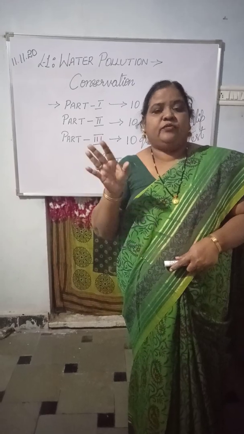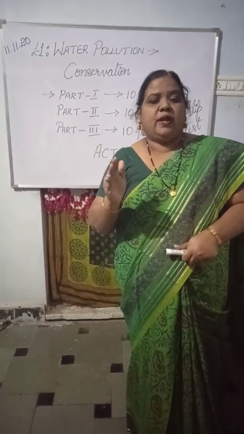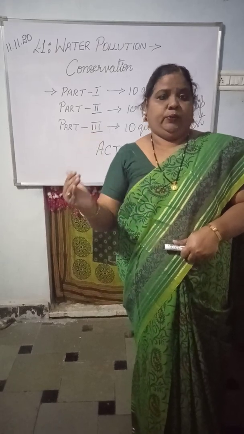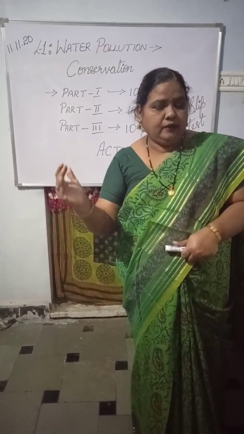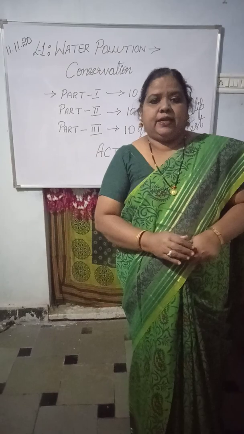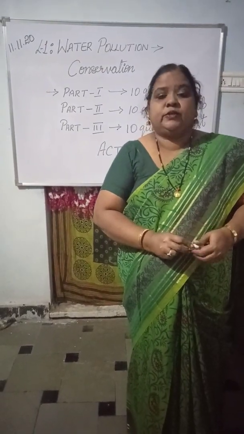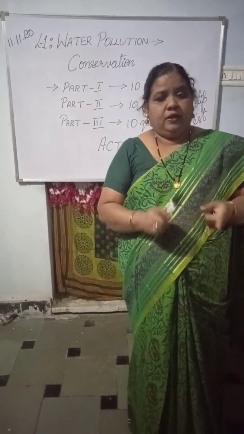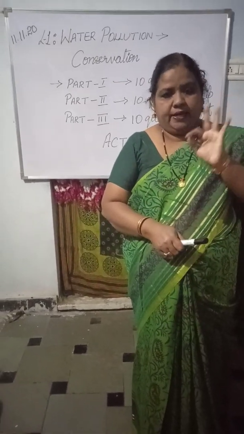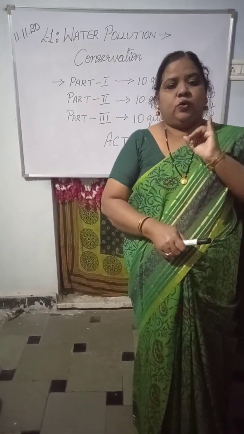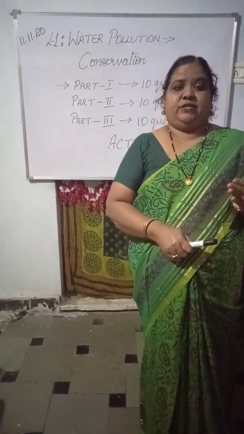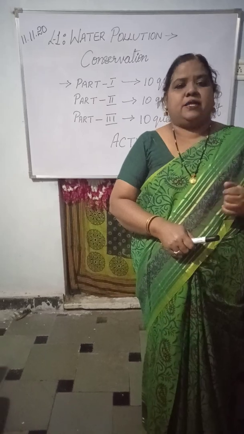These are the few instructions before I go to the second session, that is part 2 of water pollution and conservation. Is that clear for you? So listen to this instruction carefully. What is the instruction given? One lesson is divided into 3 parts. Each part is explained and 10 questions are given. You have to prepare the answers.